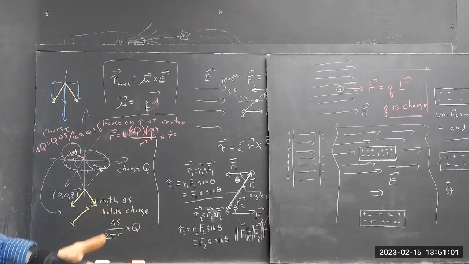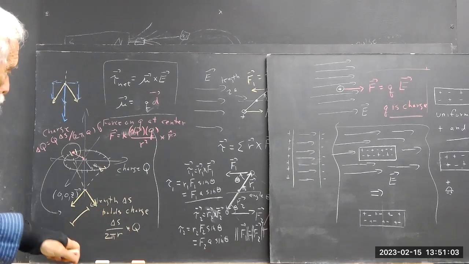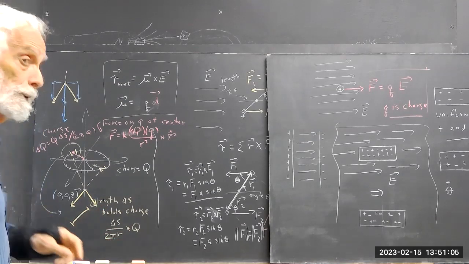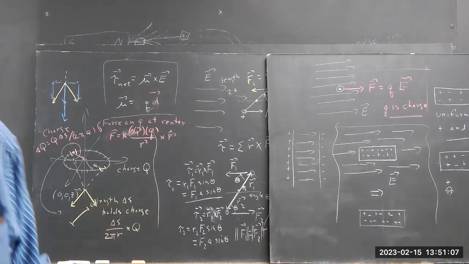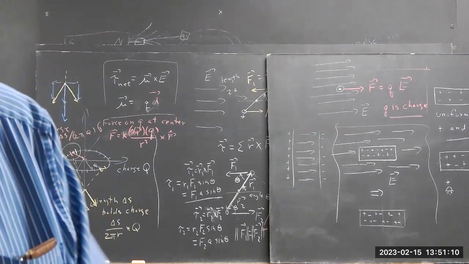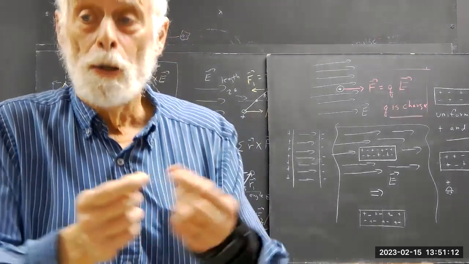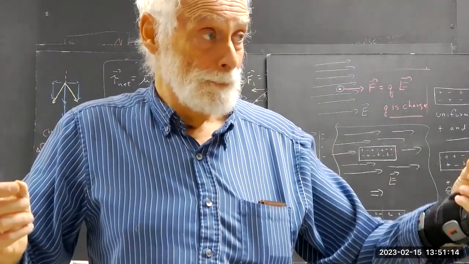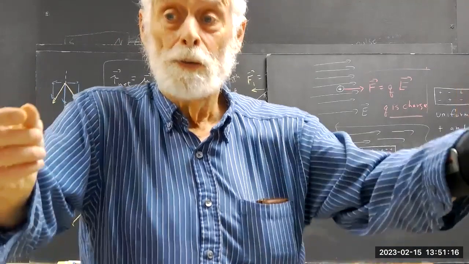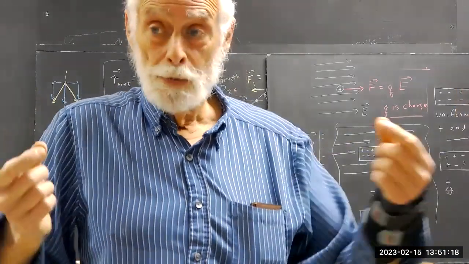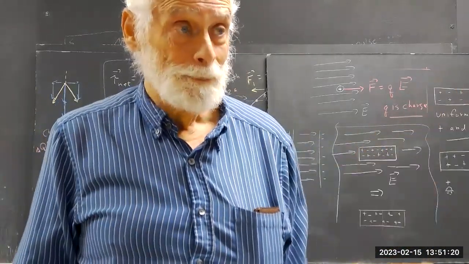Okay. Now there are other problems, but I don't have time to anticipate them. That involve, like, a bar with charge on it. Okay. And maybe another bar with charge on it. How much force does this bar exert on that bar?